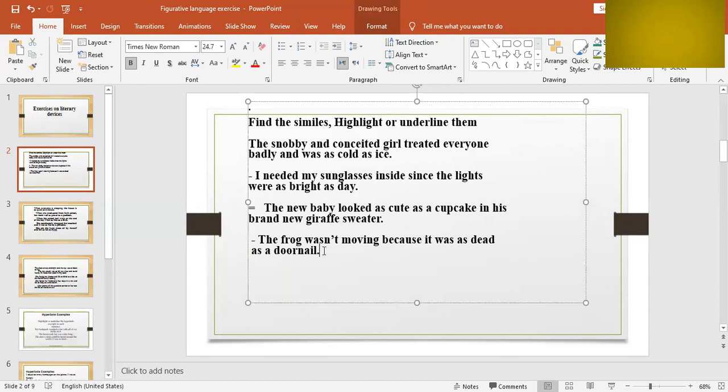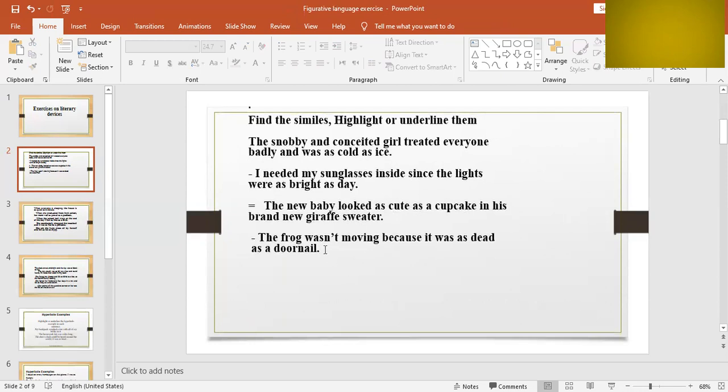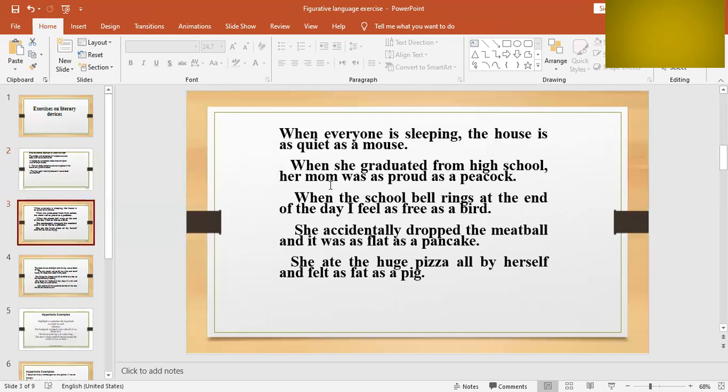I can imagine that it takes a very long time and it does not move. The weather is not changing. This is the message the author wants to communicate. Another simile here: when everyone is sleeping, the house is as quiet as a mouse.